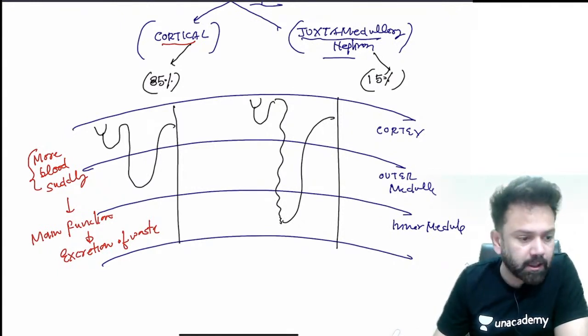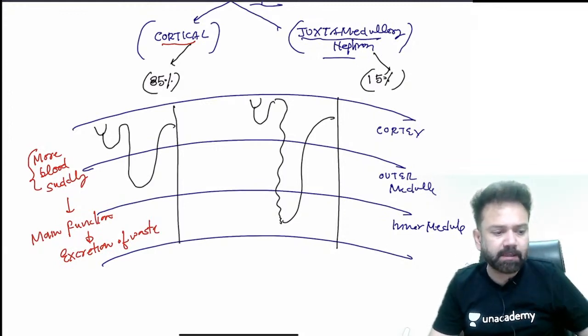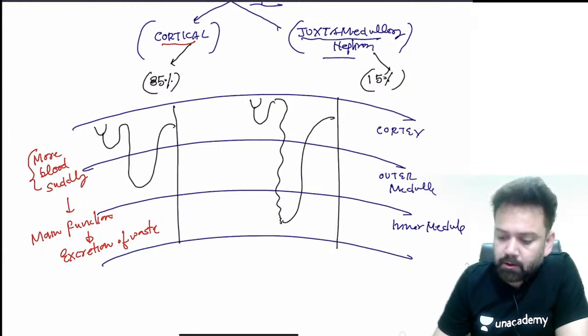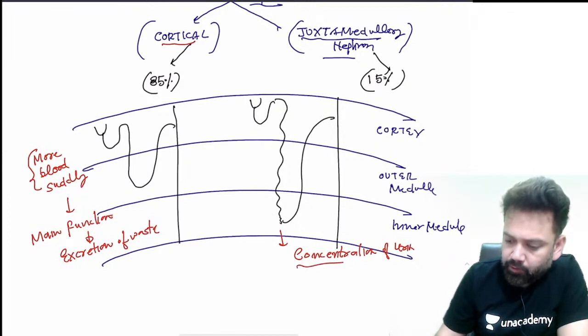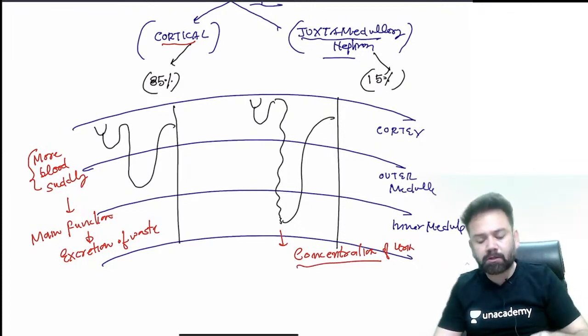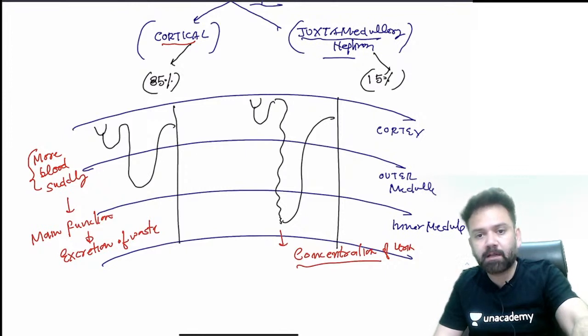On the other hand, juxtamedullary nephrons have comparatively less blood supply, and the main function is concentration of the urine. So physiologically and anatomically, in both manner they are different.